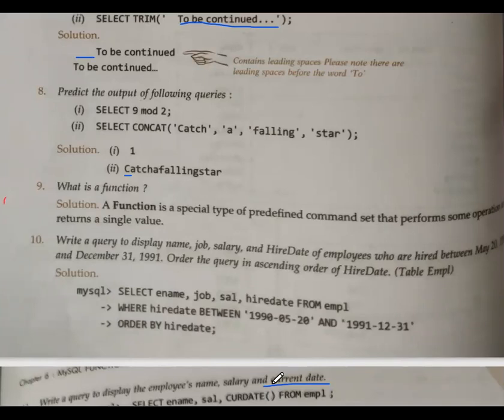Now see, suppose you wanted to know the year of today's date. How will you get it? Think and then write. Just for example, this year is 2021, so I want 2021. But from the current date, whatever is the current date, with that I want it.